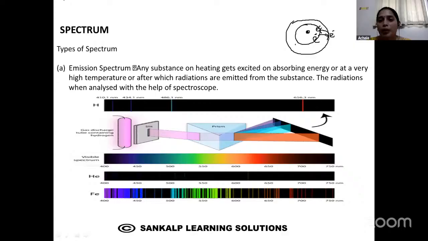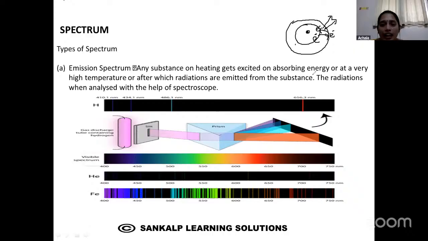Any substance on heating gets excited on absorbing energy, or at a very high temperature radiations are emitted from the substance. When these electrons jump back to their original stationary state, some radiations will be observed.